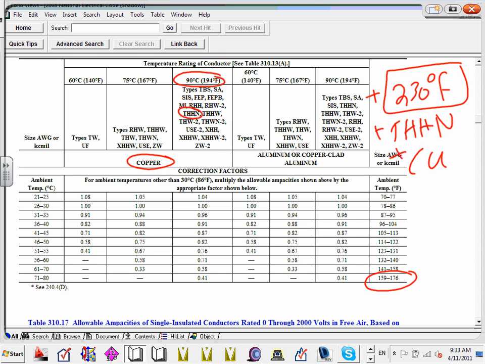So what's your derating factor? They don't want you to cut lower than 0.41. Now suppose the amps for this conductor were 100 amps. Then you can only take 41 amps out of it under these circumstances. Everybody knows how to use this table for derating.